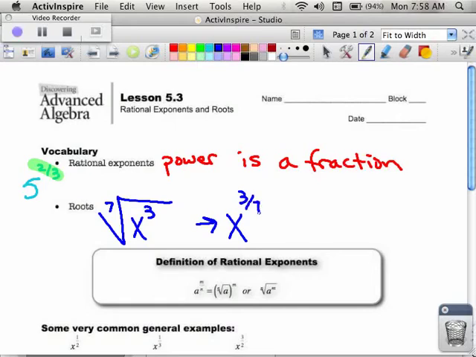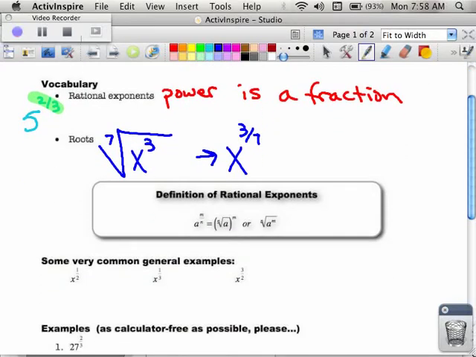And so what you need to be comfortable with is going back and forth between radicals, which are those root symbols, and rational exponents, which are the exponents that have fractions. Because we're going to be doing that from now on in math. We'll use both.